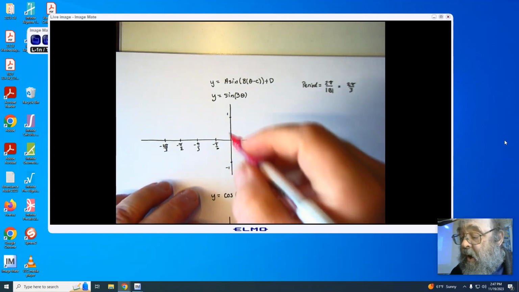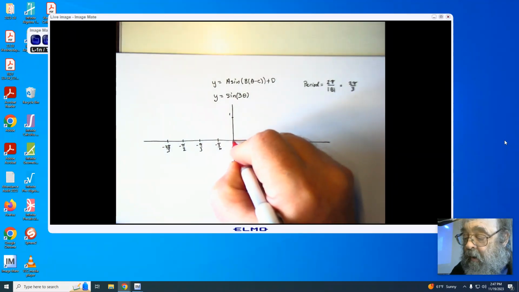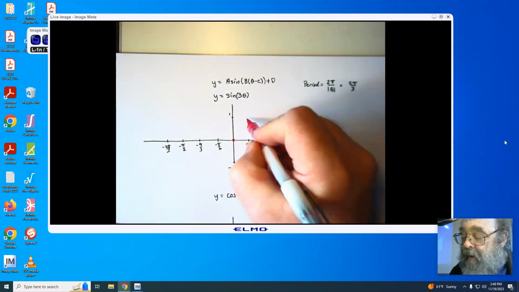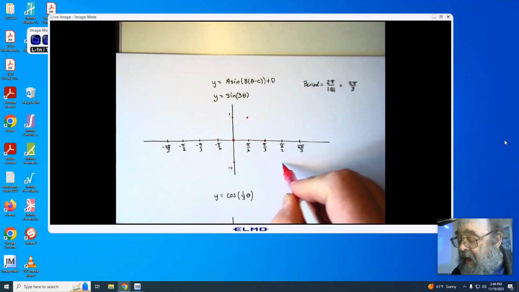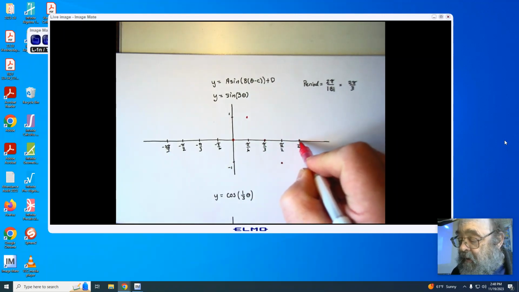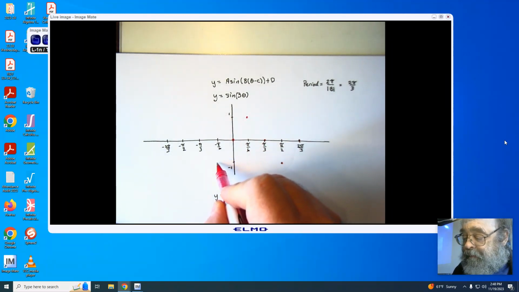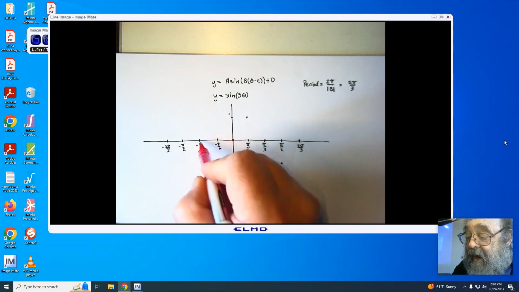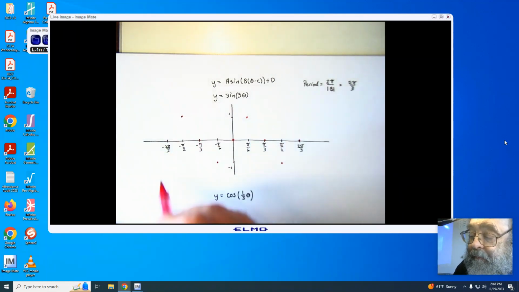And we always start with sine at 0. So we're going to have a 0 right in the middle. We then go up to 1, down to 0, down to negative 1, back to 0.